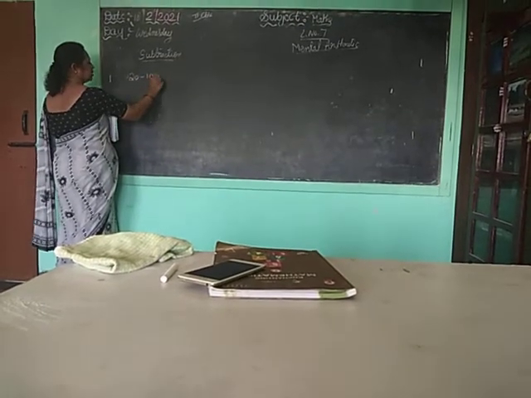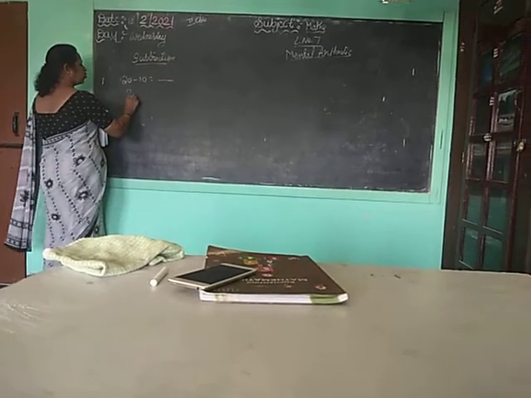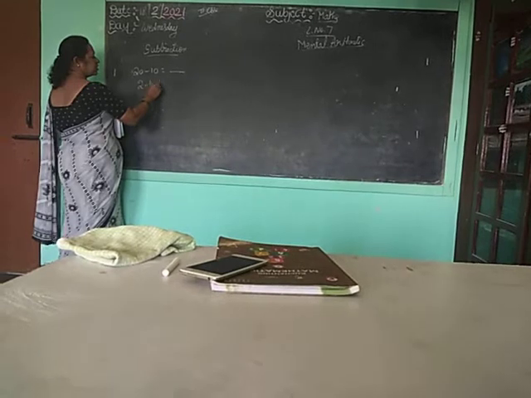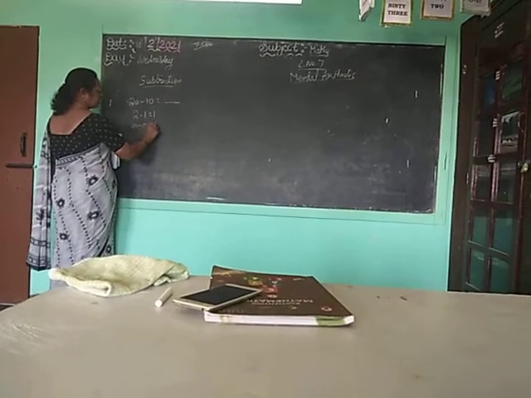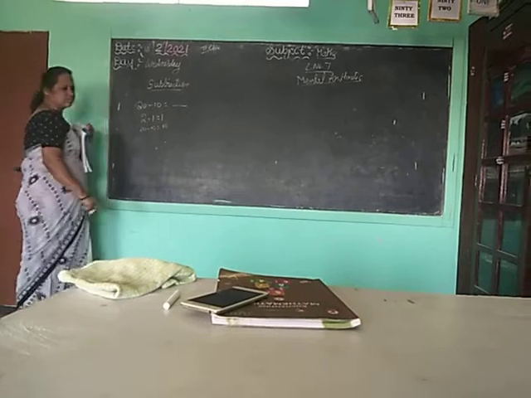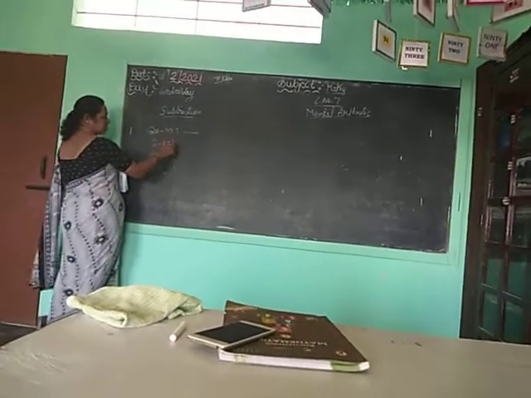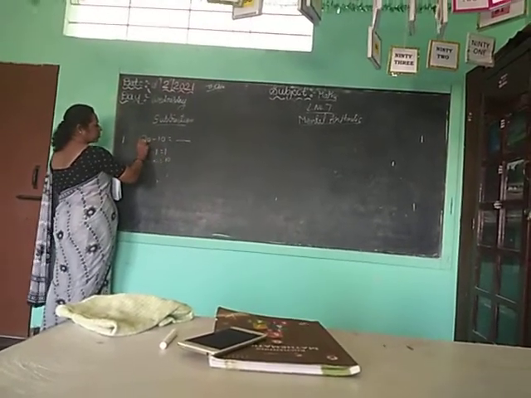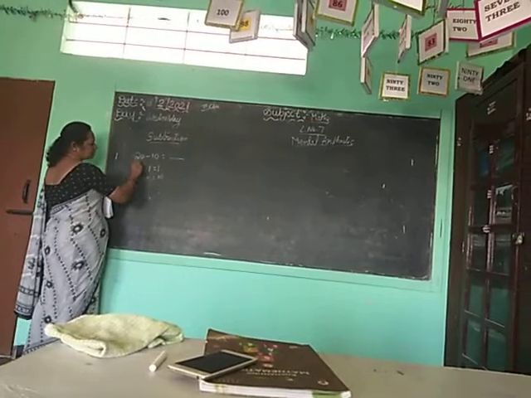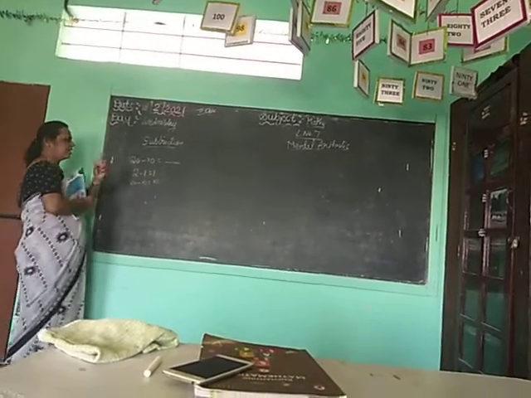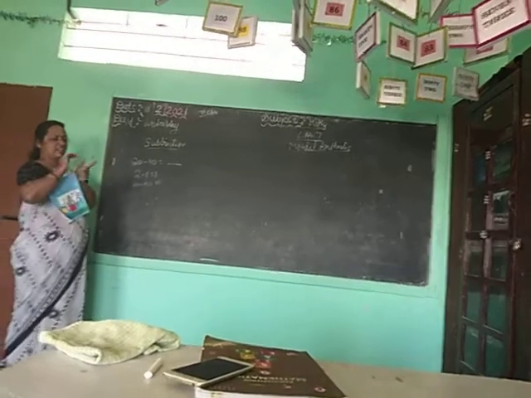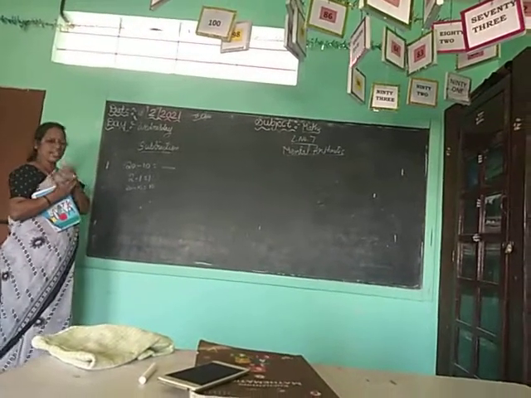So you know that is equal to how much? 2 minus 1 is equal to how much, children? 1. Okay. So 20 minus 10 is equal to 10, because the ones place is 0. So 20 minus 10 is 10 only.